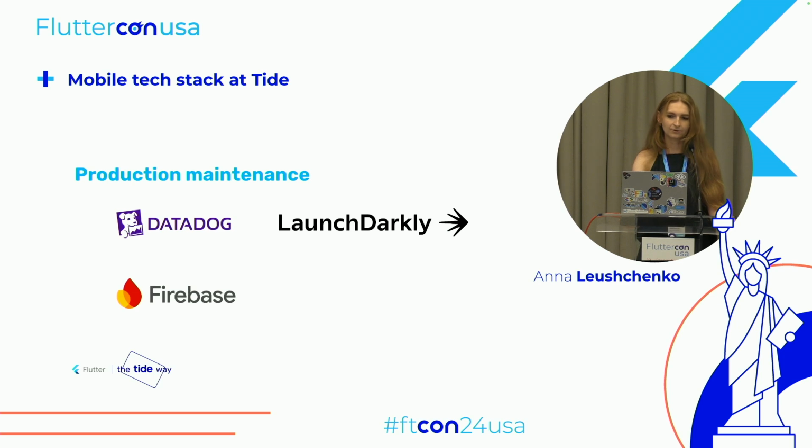And of course, it's hard to imagine a modern Flutter application without Firebase, which we use primarily for crash monitoring, but also for analytics. But our main analytics tool is Segment because it supports integration with a variety of other analytics services. And we also have a few automations here done thanks to these tools. For example, whenever there is a new Firebase crash detected, we receive a Slack message in a dedicated channel.